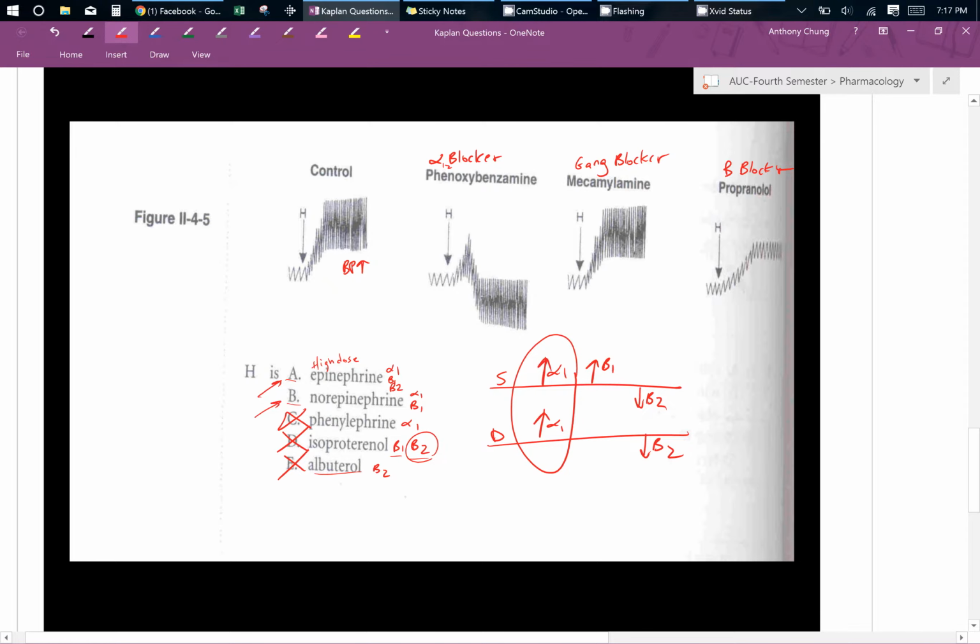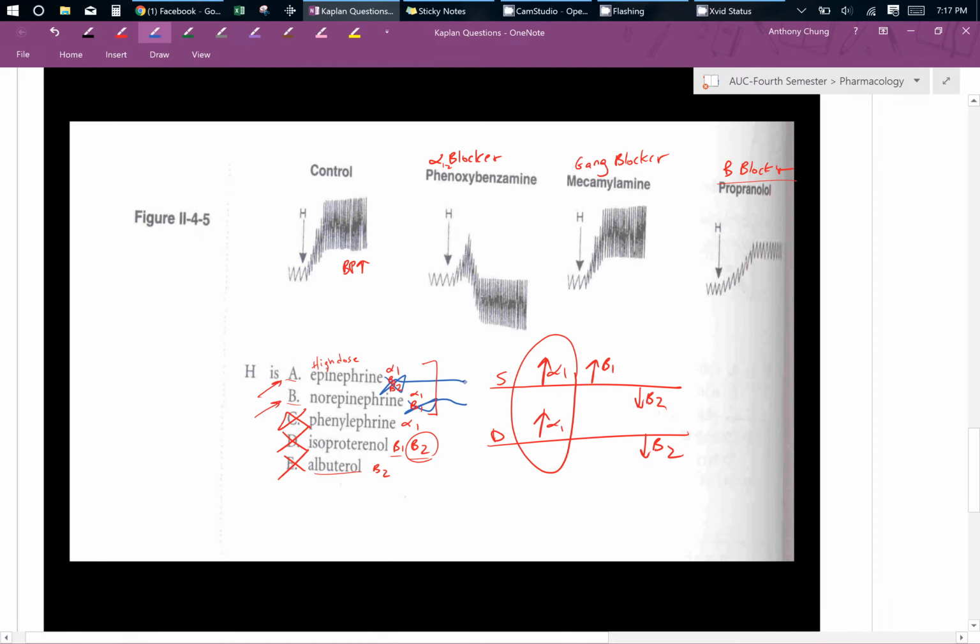I'm going to work my way backwards just so you can see that you could have picked any one of these and tried to deduce it. So I'm going to start with propranolol first this time. Propranolol is a beta blocker. It will block both beta 1 and beta 2. So let's take a look. In the case of norepinephrine, you eliminate the beta, and then with epinephrine, you eliminate the beta 2 and the beta 1.